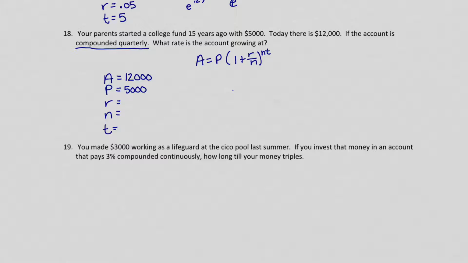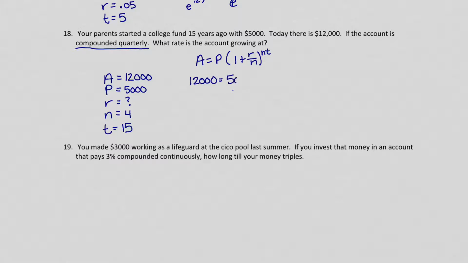R is the rate, which is what we are trying to find, so that's what I don't know. N is how many times it compounds in a year, and it's quarterly, so that's 4. If it was monthly, it'd be 12. If it was daily, it'd be 365. That's how many of those there are in a year. And this is growing for 15 years. Okay, so in the equation, plug in what we know. Well, A was 12,000.